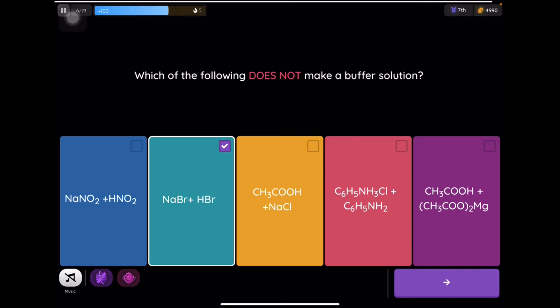The third option what we have is a weak acid and a neutral salt, and that does not make a buffer. The fourth option is a weak base, C6H5NH2 is a weak base and its conjugate acid would be C6H5NH3Cl. So that makes a buffer, and the final option also makes a buffer.